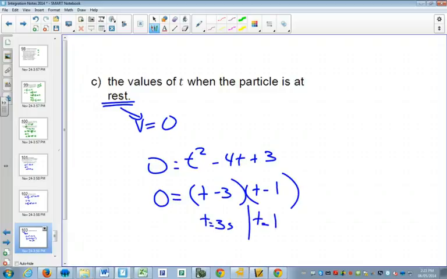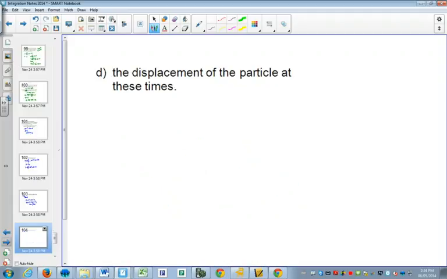So at t equals 1 second and at t equals 3 seconds, we have the particles at rest.